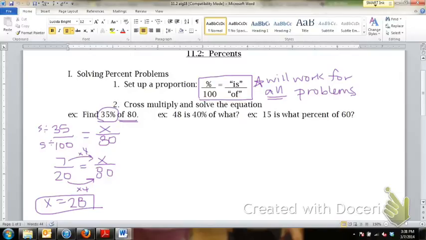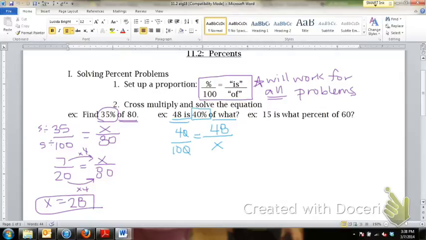Now what happens if you can't reduce? So let's take a look at the next one. 48 is, okay, so that goes in my is position. 40%, so 40 is my percent, always goes over 100, of what? So I don't have my of, so I put an x there. Now I can reduce 40 over 100.